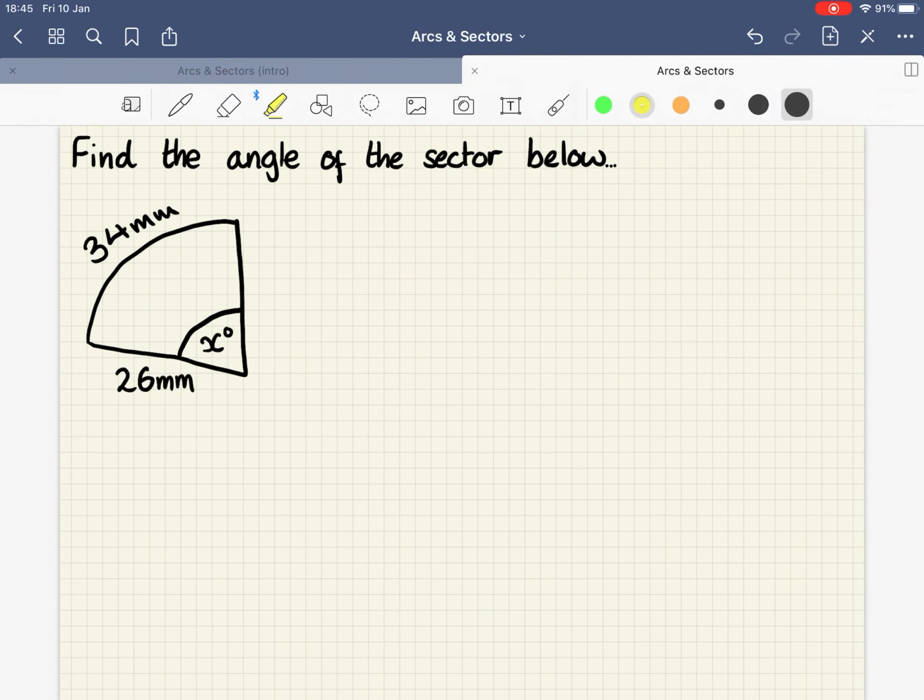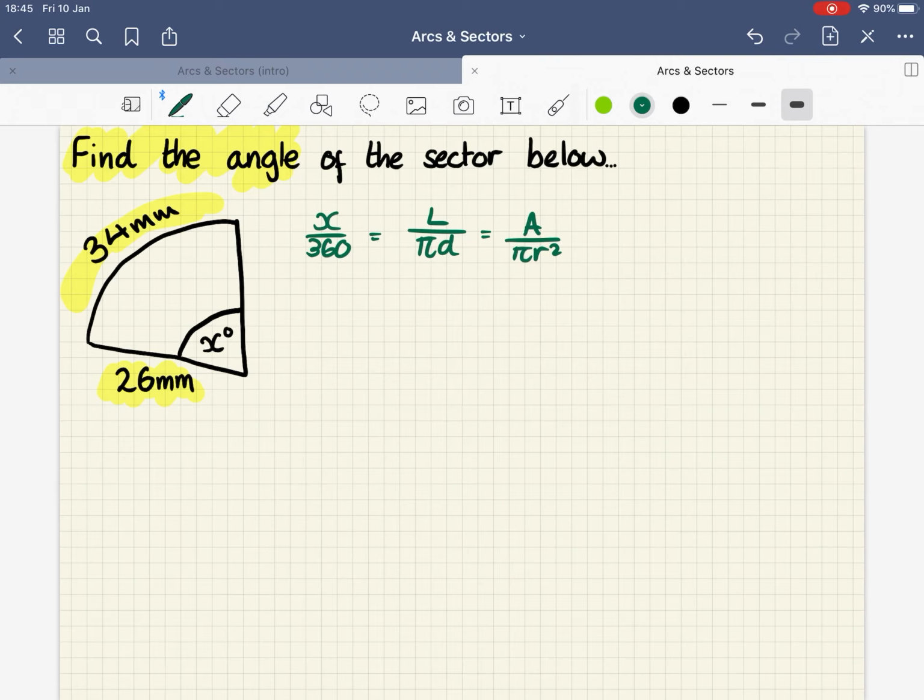Okay, next one. So it is asking you to find the angle. We have here our arc length and a radius. So writing out my formula, I've got x over 360 equals length over pi d equals area over pi r squared.